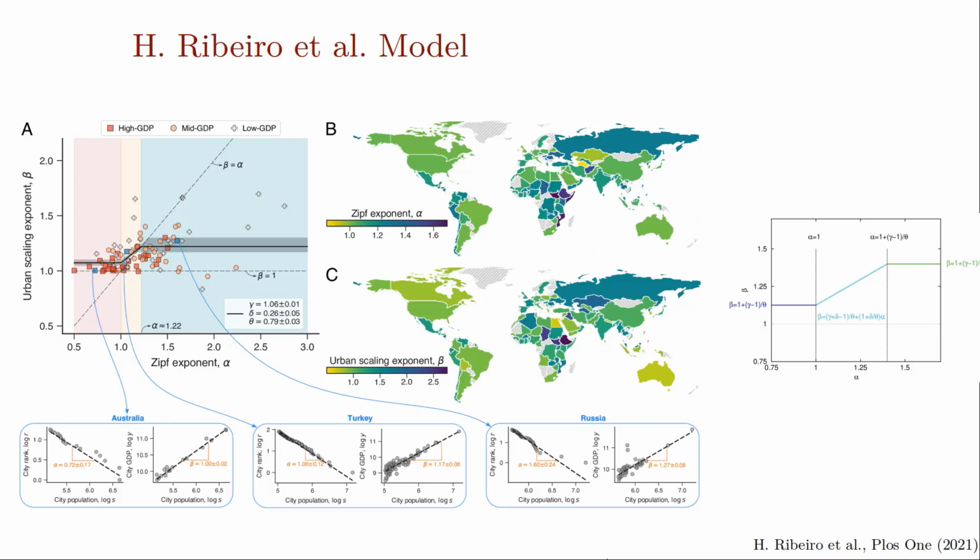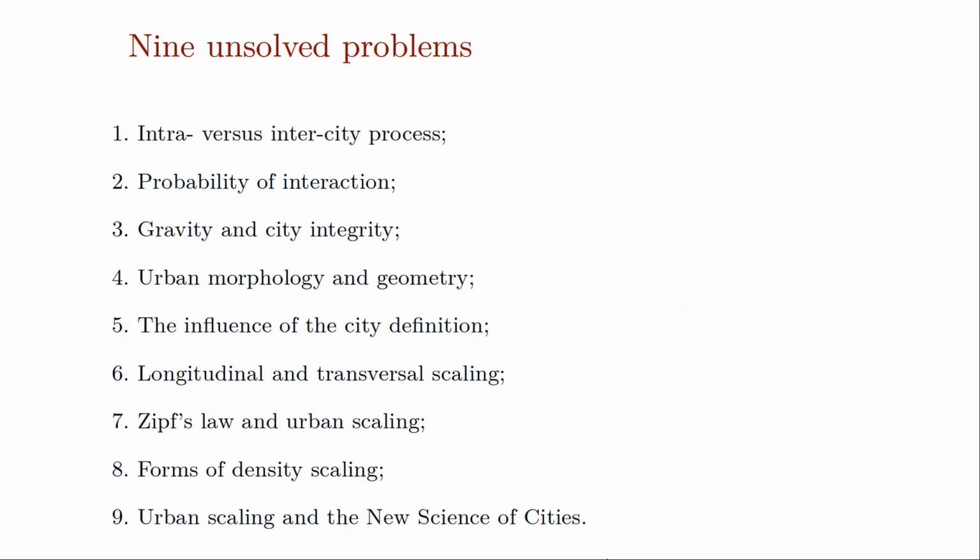So, in order to finalize, I want only to emphasize 9 unsolved problems of urban scaling. Of course, I don't have time to talk about all these 9 unsolved problems, but I need to mention the necessity of a well-defined definition of the city boundaries.